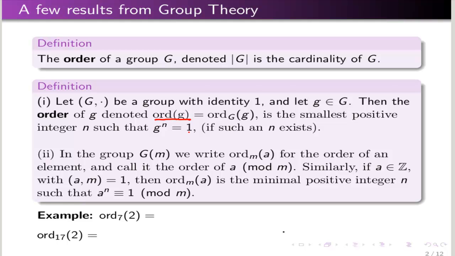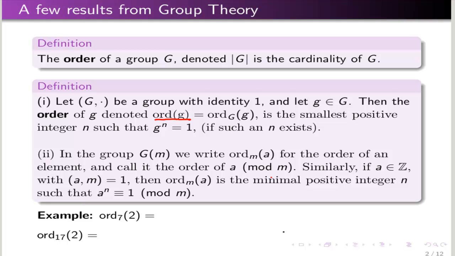Now, not every element has a finite order like that. If it doesn't, we just say the element has infinite order. In particular, if we're in the modular group G_m, the group of units mod m, I'll write ord sub m for the order of a mod m.